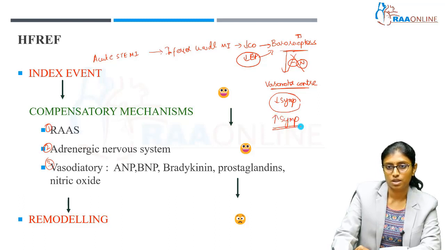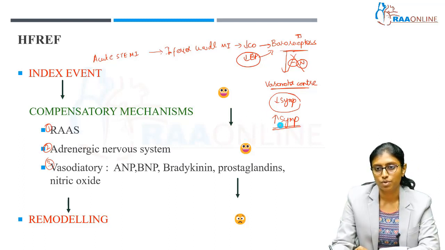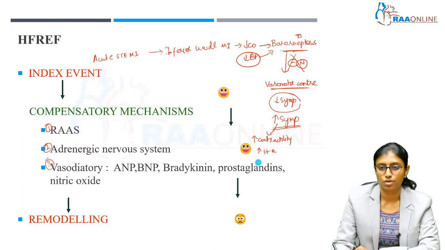So how is the sympathetic activity going to affect and cause compensation for the reduced cardiac output? Increased sympathetic activity is going to lead to increased cardiac contractility. It is going to increase the heart rate. It is going to cause vasoconstriction of the peripheries. So when vasoconstriction occurs in the peripheries, the blood is going to get diverted to the vital organs of the body.